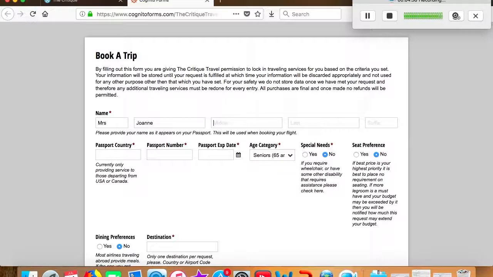I suspect the same thing would be on your social security card, but even if it's not, it has to match your passport. I will also not refund money if you're unable to take your trip because it didn't match your passport. So it's extremely important that you have your passport in front of you when you're making these bids so that your information is correct.